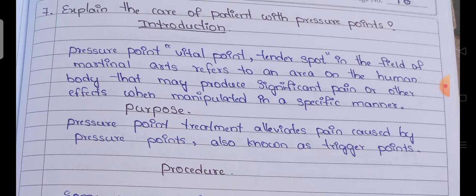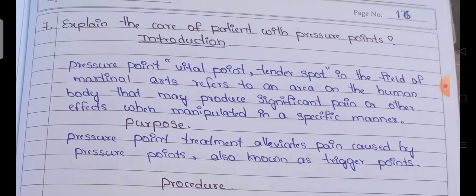Pressure points refers to an area in the human body that may produce significant pain or other effects when manipulated in a specific manner. Okay, if the patient is unable to get up from the bed continuously, if the patient is lying on the bed for hours, weeks, months, years together, what will happen if there is a lack of movement, lack of locomotion and activities? So there is no proper blood supply. Due to the lack of blood supply, there is a formation of ulcerations. So this is known as pressure points. It is also known as pressure sores, decubitus ulcers.